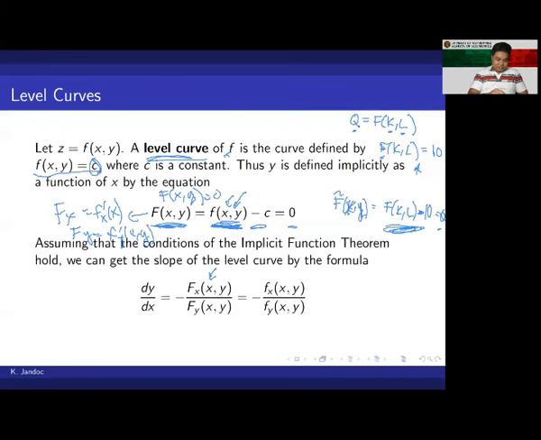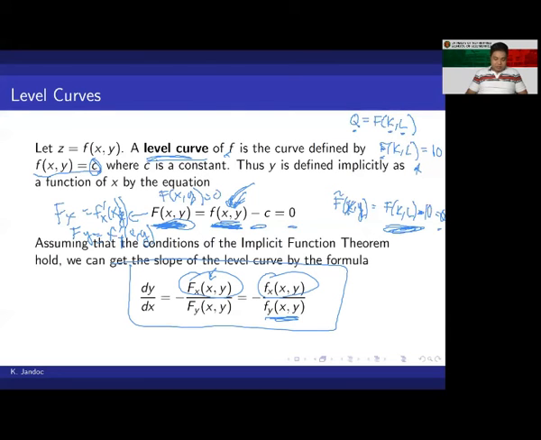So the derivative of big F with respect to x is simply the derivative of f with respect to x, and the derivative of the implicit function with respect to y is just the derivative of f with respect to y. Then there's a negative here. So this is how you get the slope of the level curve.